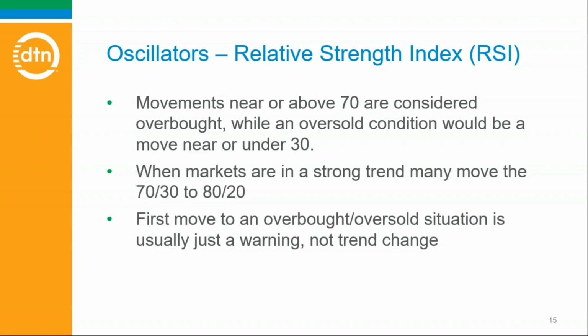And that's what I'm showing you here. Movements above 70, overbought, below 30, oversold. When you're in a strong trend, you can see readings of 80 or 20. Usually the first move into overbought, oversold is not a trend change, it's just a warning.